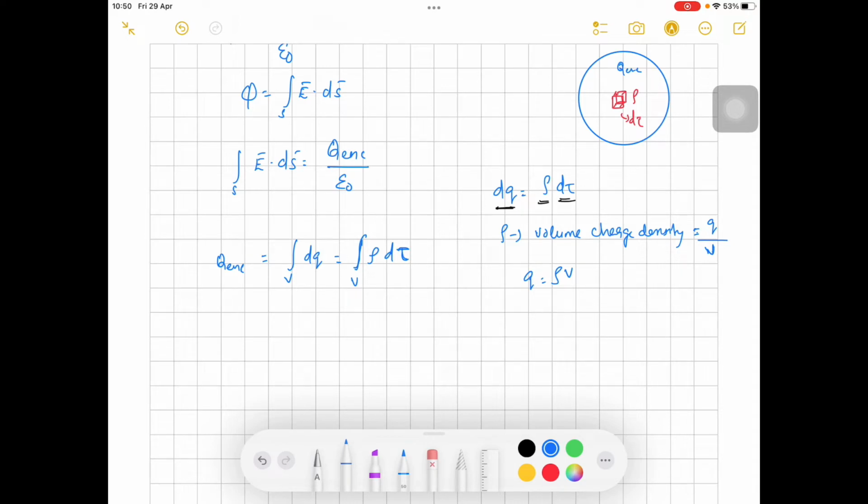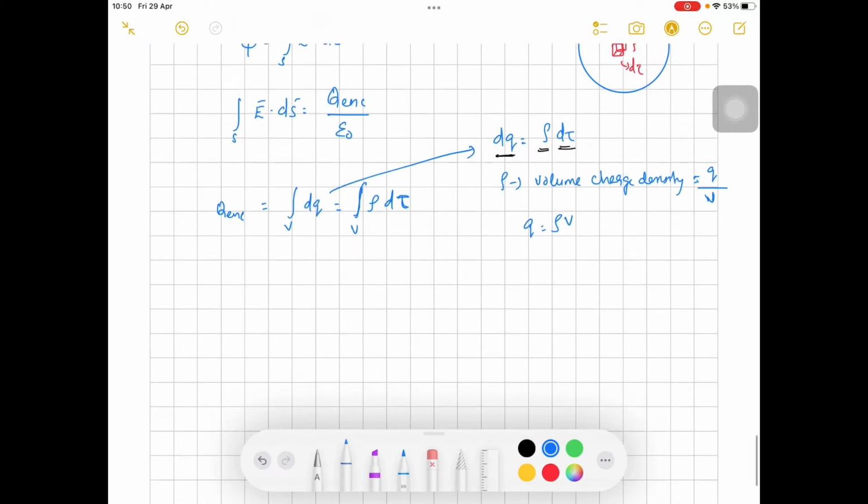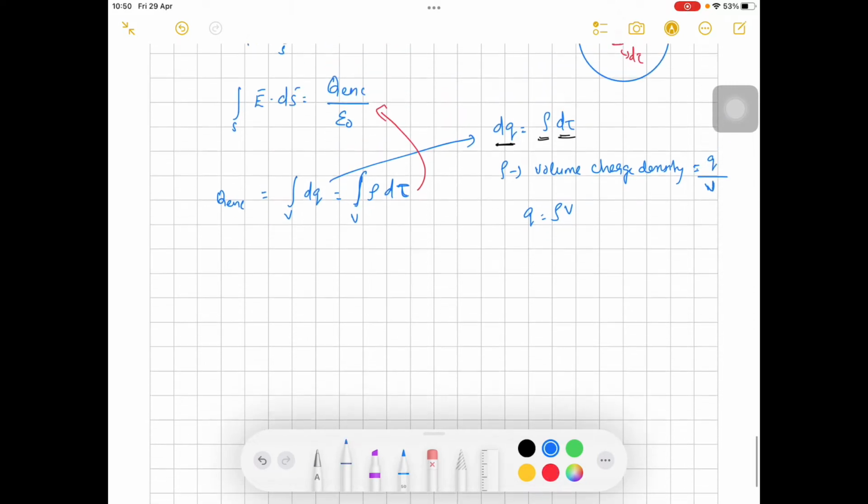So we have substituted dq from this and you will get volume integral rho d tau. Substitute this in the above equation, then you can write surface integral E dot ds, which is the left hand side, which is equal to 1 by epsilon 0 volume integral rho d tau.